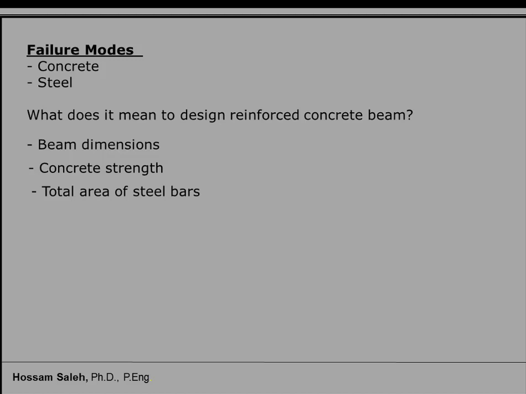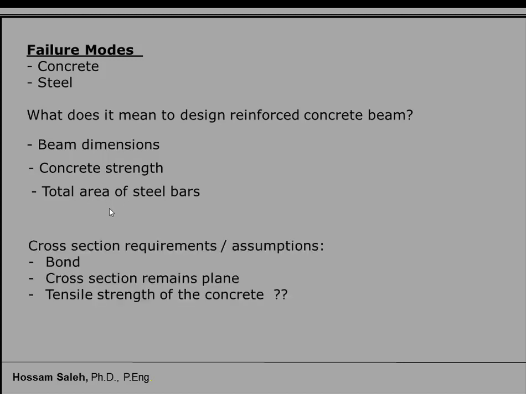We have to check with the architect and the architectural drawing, and we have to check also the deflection, which is a completely different topic. And we have to specify the concrete strength, what type of concrete we are going to put in the form of the beam, and how many bars we should add to these beam dimensions.